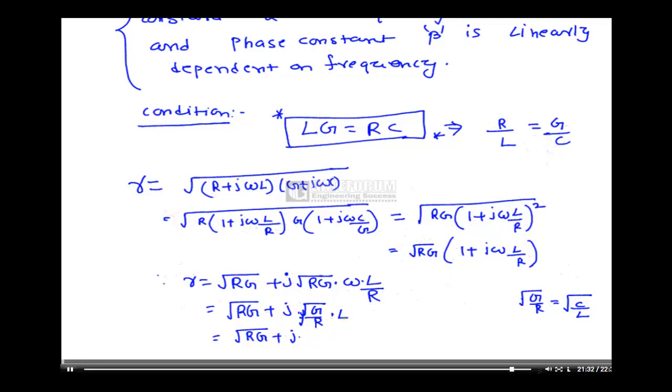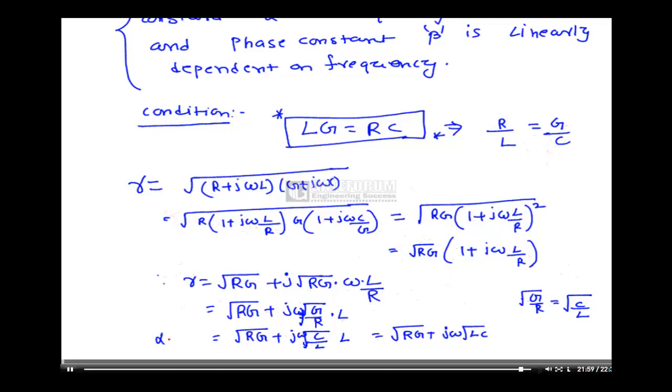Now if you take this L into the root, it becomes L squared, so L cancels out. The remaining thing is the square root of RG plus j, of course omega is everywhere present, j omega square root of LC. But what is gamma?